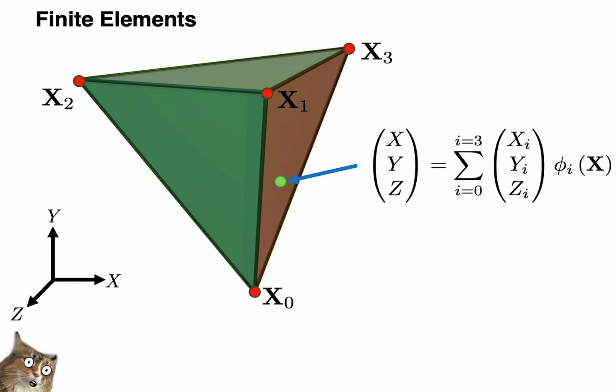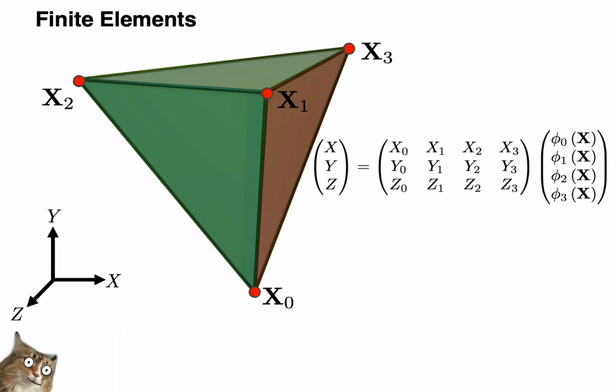Let's unpack the vector equation from the previous slide into its scalar components. Rearranging, we see that we can view this as a system of 3 equations, one for each component x, y, z of the position. This becomes more clear if we assign standard linear algebra labels to each component of the equation. Here, our shape functions, the phi i's, are our unknowns.